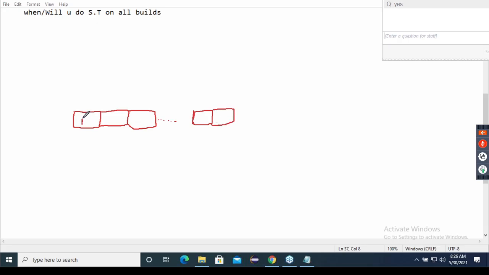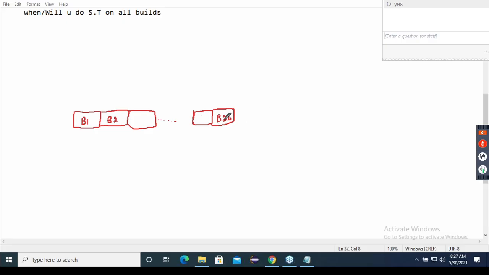So assume this is my build number 1. I'm not writing 0, 0, all those things, guys, because you know all those concepts. B1, B2, it goes on. Let's assume this is my build number 26. Assume that this B26 is a stable build.